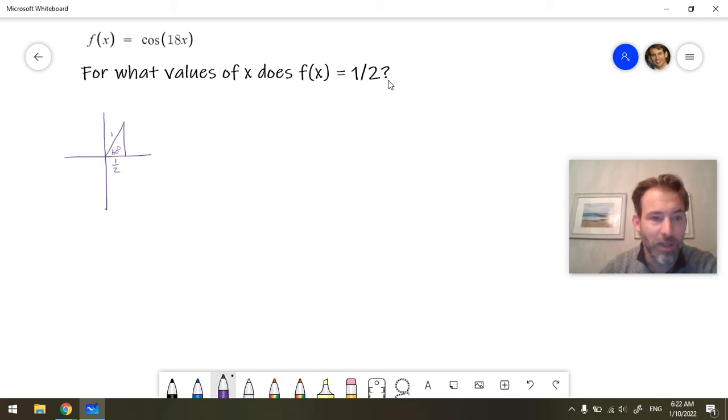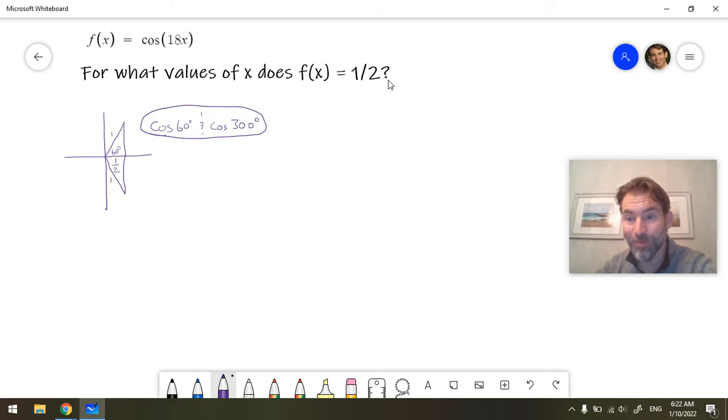We also know that this negative angle of negative 60 degrees also has the cosine of 1/2 over 1. So we know that cos 60 degrees and cosine of 300 degrees, which is negative 60 degrees, would be the two things that give us a solution.